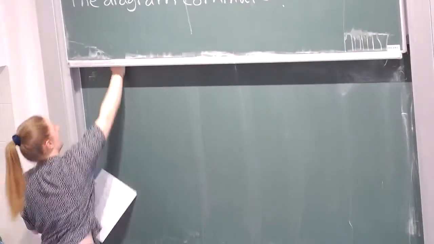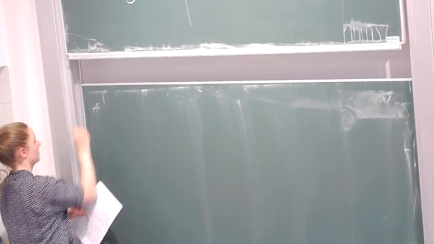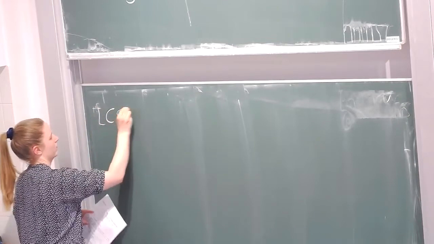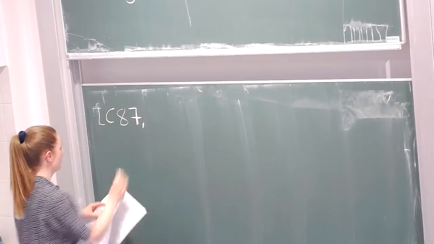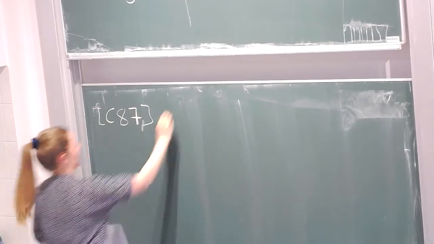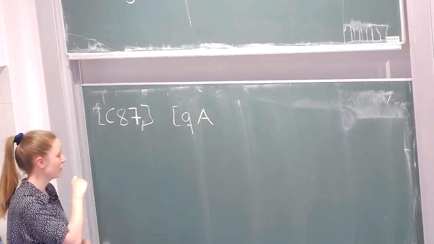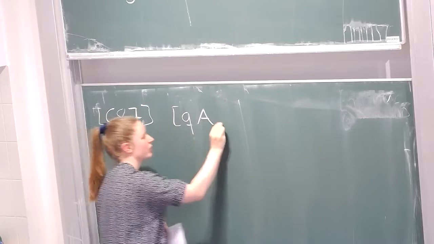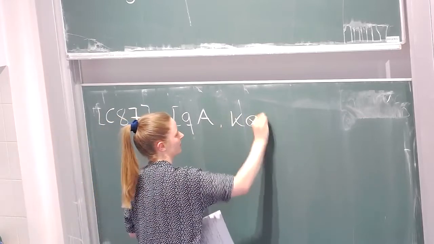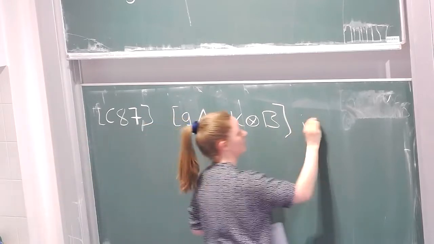Okay, so now Cuntz proved that this group here of all homotopy classes of maps from QA to K tensor B is an abelian group.